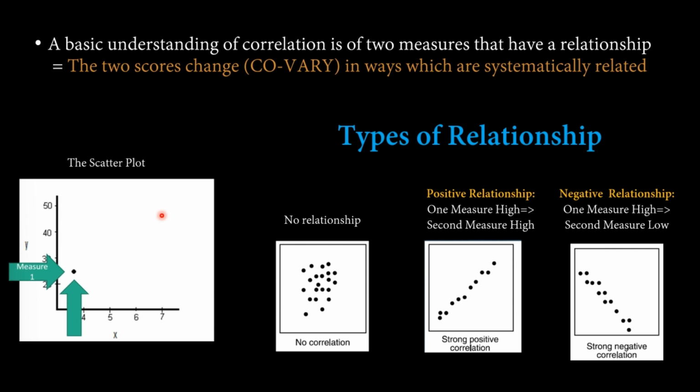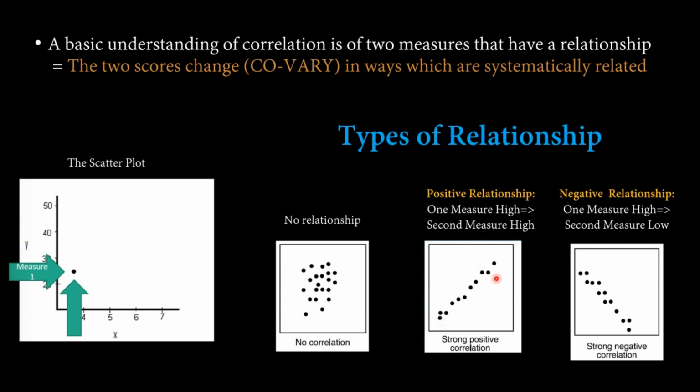Remember, what I'm interested in is whether there is a relationship which is systematic between the two variables. Basically, there are three types of relationship. If you get a blob like this on a scatter plot, there doesn't seem to be a correlation. There's no systematic connection between this variable and this variable. If, on the other hand, you get a pretty straight line going up, what this means is, if you think about this point here, it's low on one variable and low on the other variable.